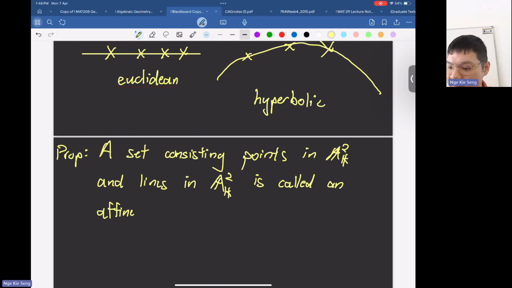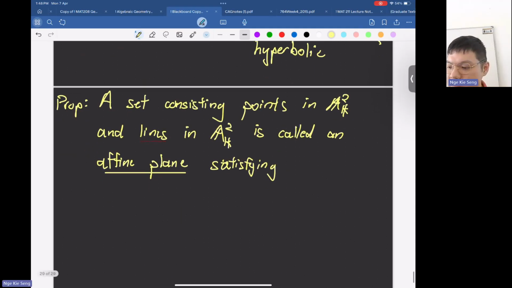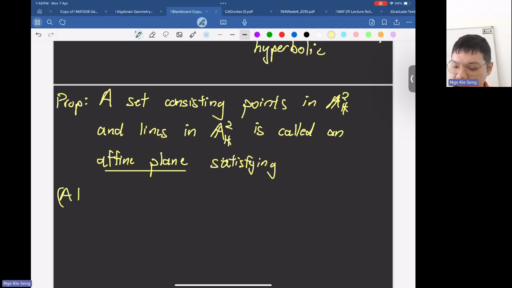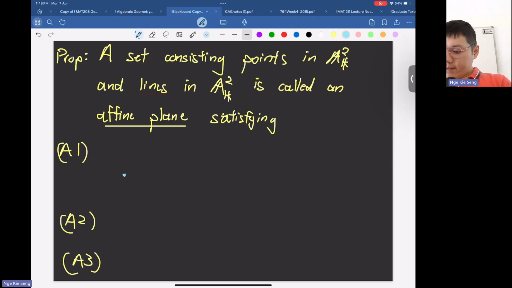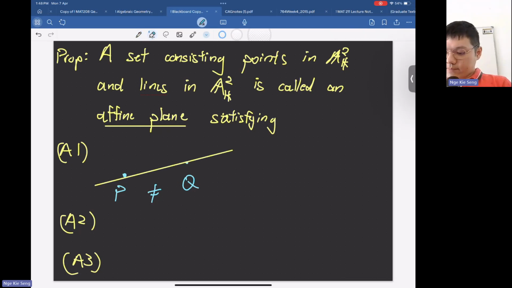So an affine plane is a set containing these two things, satisfying three properties, A1, A2, and A3. Let's draw it up, let's not write it. If you take 2 points, P and Q, distinct points, then there exists a unique line joining them, meaning containing them.